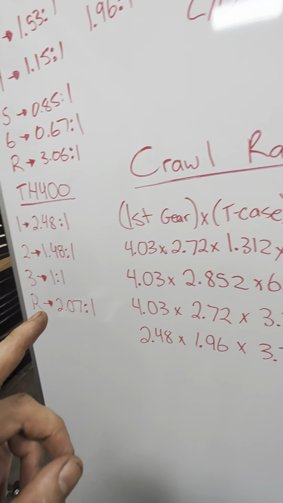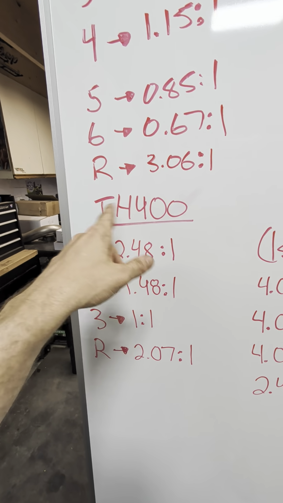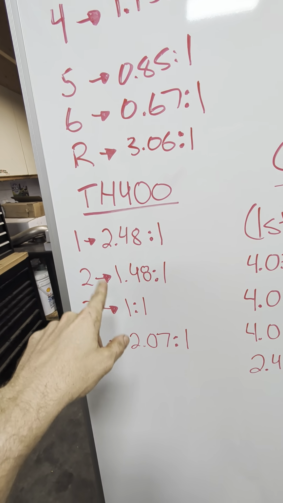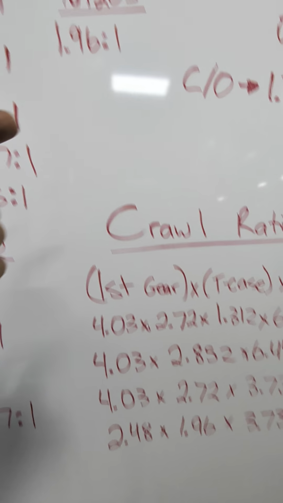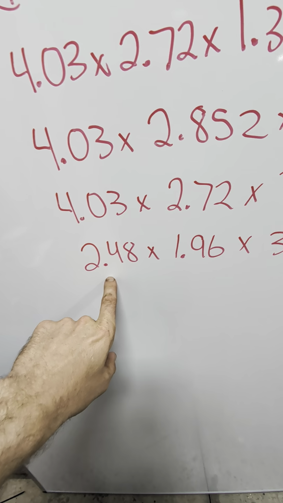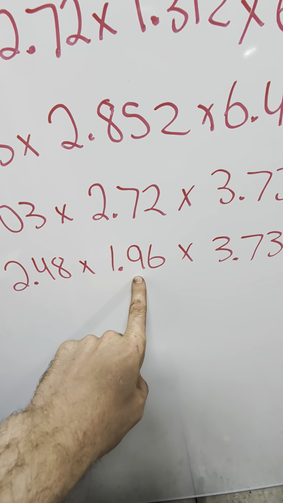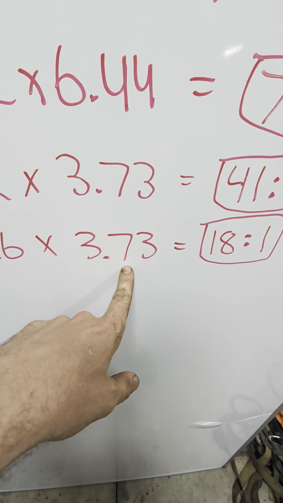Now, as I mentioned before, the older trucks, like your Turbo 400 trannies or maybe your 4L80, which has the same ratios, just with an overdrive. And then maybe you're running a 205. Older trucks are going to have only a 2.48 times your 205 in low, and then times your standard 3.73, let's say.